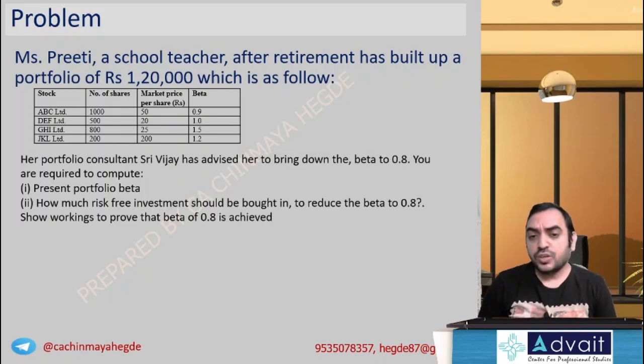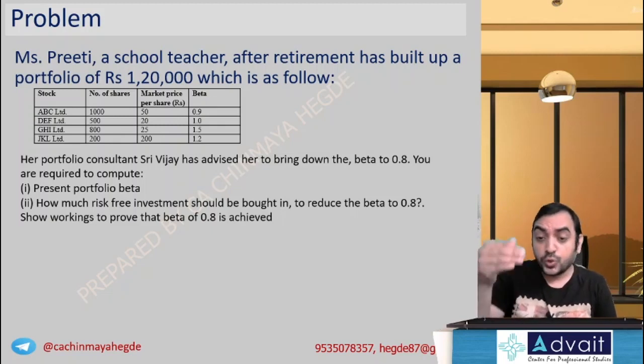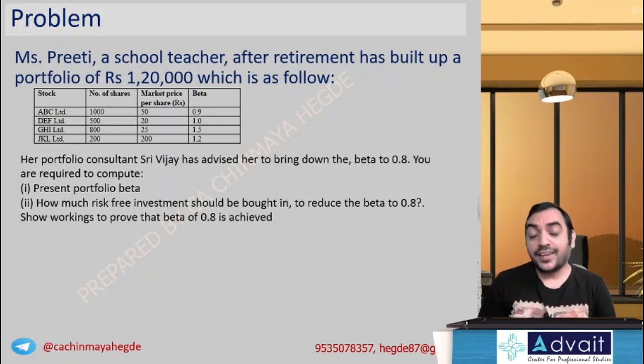So first we'll compute the portfolio beta, the regular method. First we compute the weight: number of shares into market price will give you value. Value divided by the total gives you the weight, and weight into beta, the product column, gives you the portfolio beta. Regular method, like the earlier problem. How much risk-free investment should be brought in to reduce the beta to 0.8?